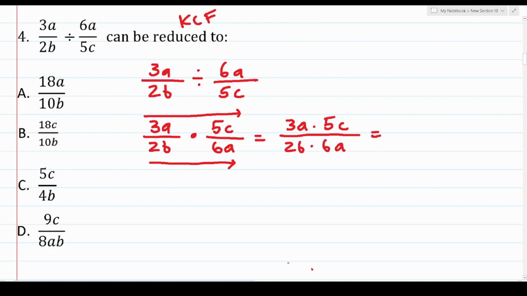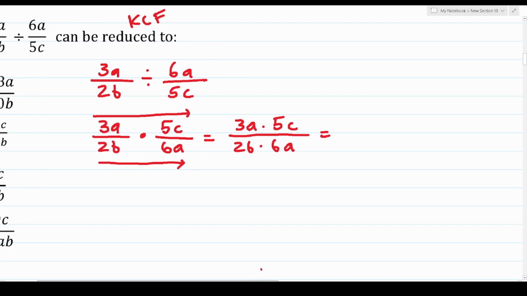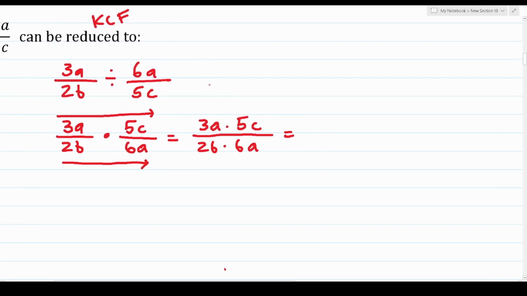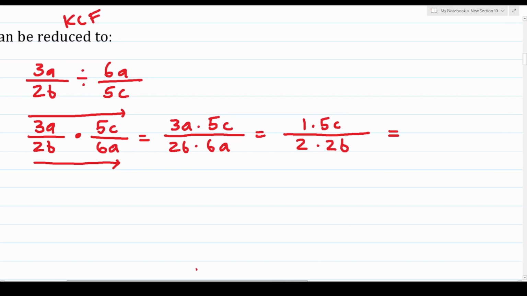Let's go ahead and see if we can reduce this algebraic fraction any further. We can, since we have like terms of 3a and 6a. 3a can be divided by 3a one time, so that leaves us with 1 times 5c here. And 6a is divisible by 3a 2 times. That is to say, 6a divided by 3a is 2, and that leaves us with 2 times 2b in the denominator.